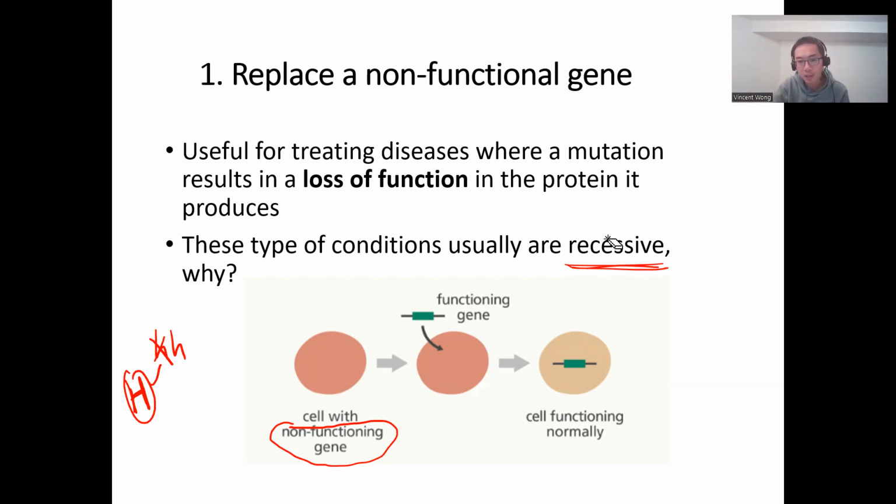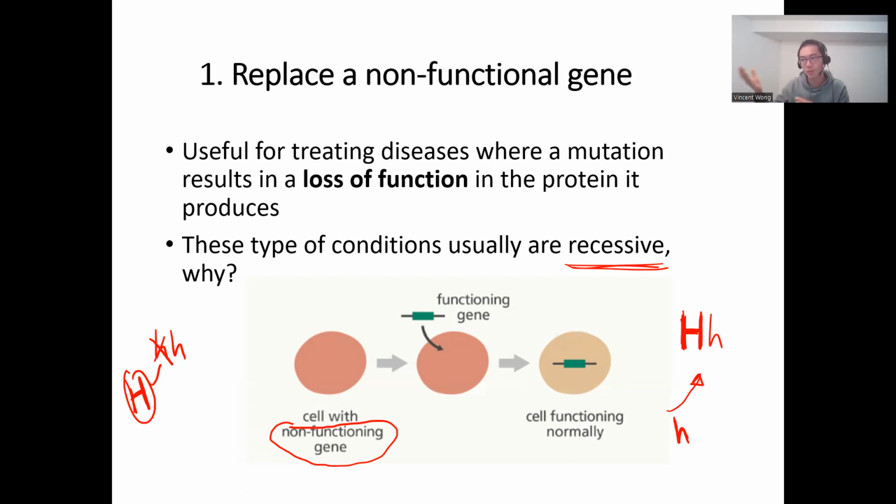However, if the condition is dominant, which means the disease allele is actually capital H, and I try to deliver the functional one, which is like another h, it is not going to work. Because the dominant gene, as long as it's there, is going to override whatever functional gene you introduce.